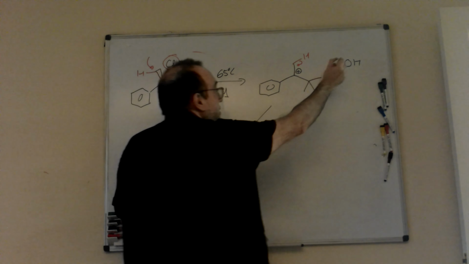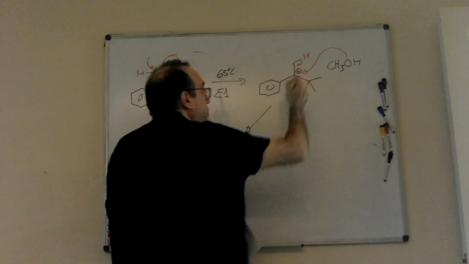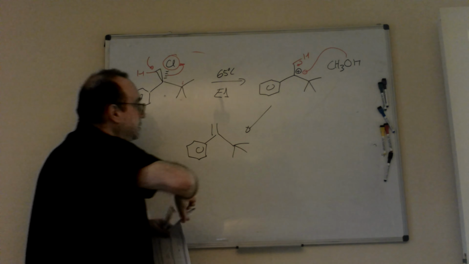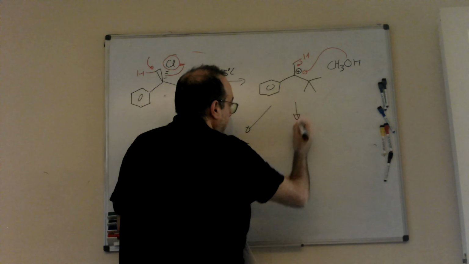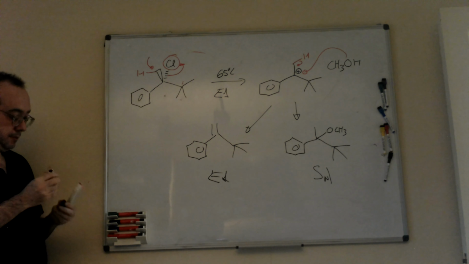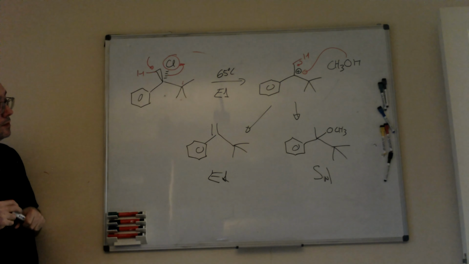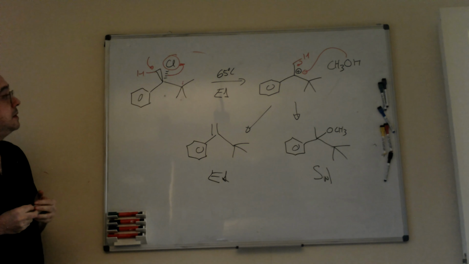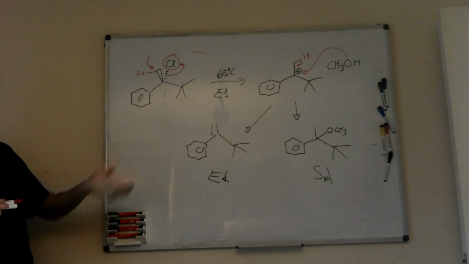What could happen is that the methanol will attack the carbocation, and what we get is simply the addition of the methanol to this position. This is by E1, and this is an SN1. Okay? This is the answer.